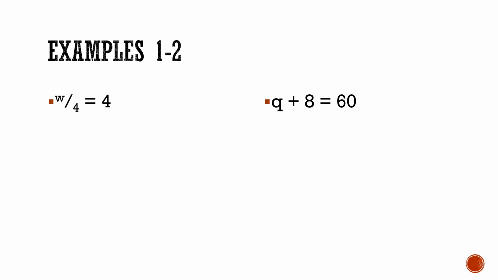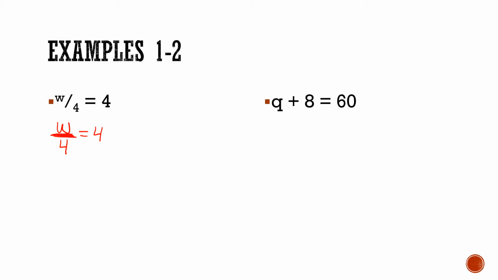So our first example, w divided by 4 equals 4. That looks a little bit funny the way I typed that out. However, that is w over 4 equals 4. So remember, we're trying to isolate our variable on one side of the equation. This w over that fraction bar means to divide.